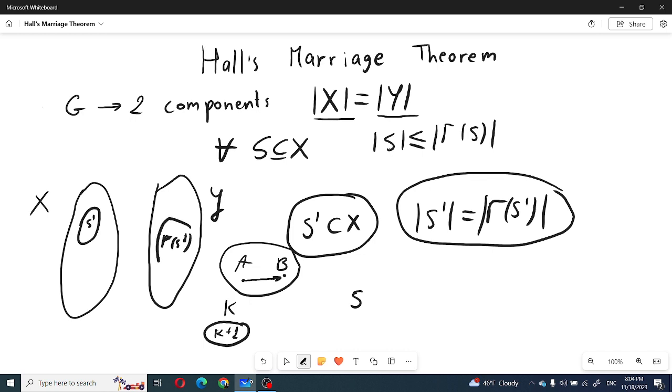By using the induction, we can find the perfect matching between S prime and G of S prime. And now look at the remaining vertices. Because their sizes are the same, and we know that for every subset of S prime, the size of the subset will be less than or equal to the size of the appropriate neighbors of the subset in G of S prime.